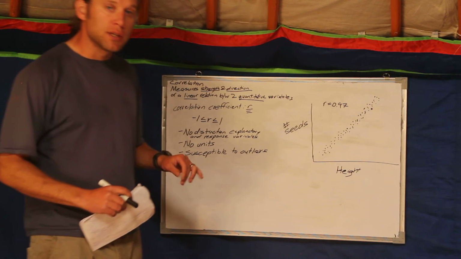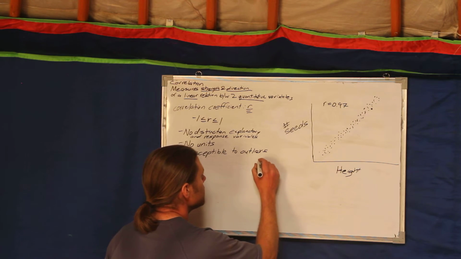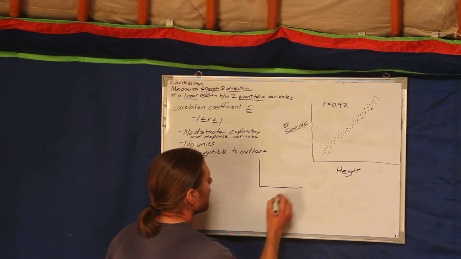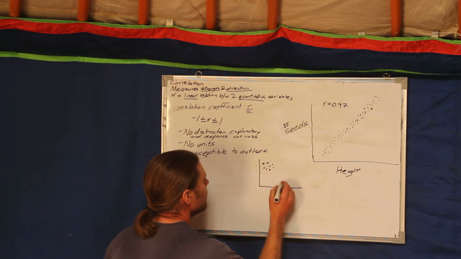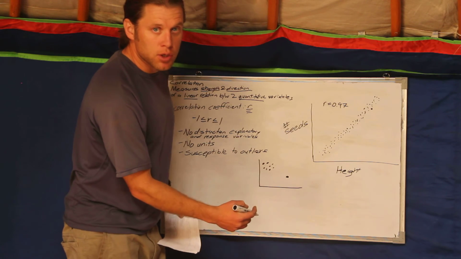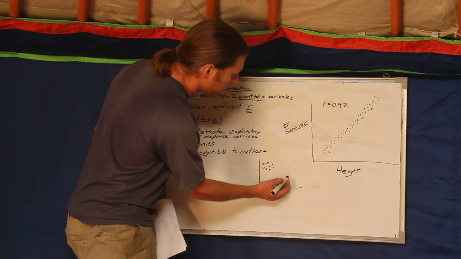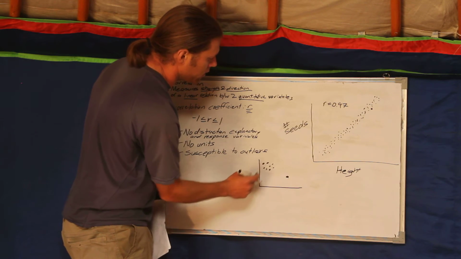And correlation is exactly the same way. So if you graph whatever you have and it looks like this, you have points here, let's say, and they have a point here, this will look like a very strong relationship because of just this one value. If you erase that value, this is nothing, right?